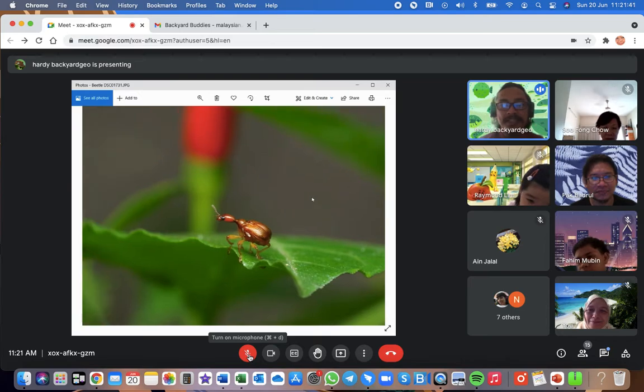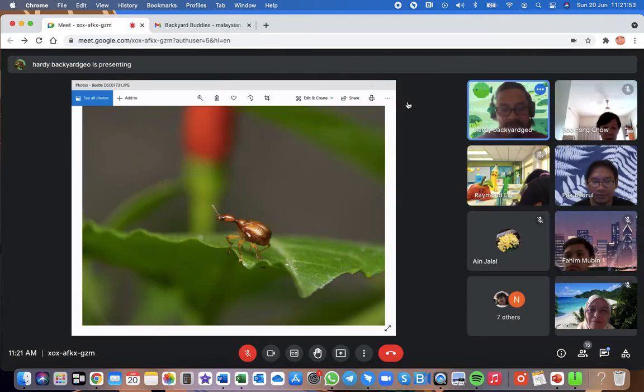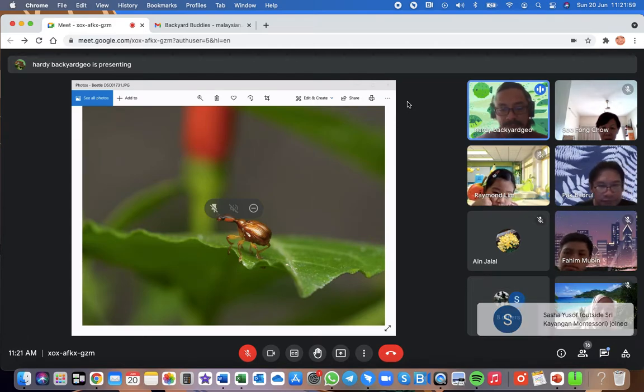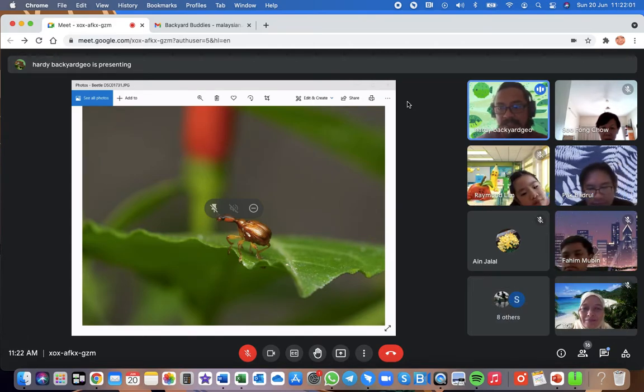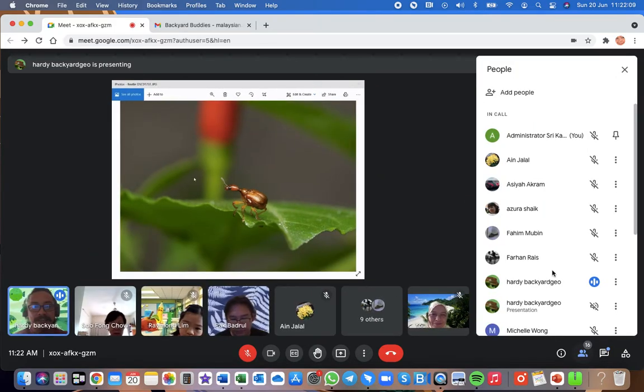So anyway, this particular giraffe weaver, the one in Malaysia, has quite a short neck. If you Google the Madagascar giraffe weaver, you find that the neck is much longer.